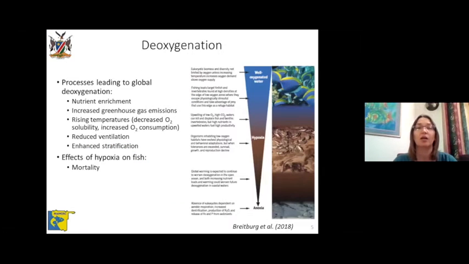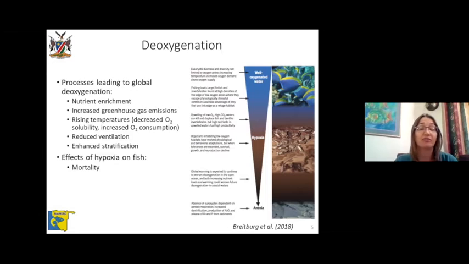So looking at deoxygenation, what processes are leading to deoxygenation of the ocean globally? First of all, there's of course nutrient enrichment, what we say eutrophication. A lot of this is anthropogenic, whereas in the Namibian upwelling system, the Benguela upwelling system, our nutrient-rich environment is all actually natural. It's not really through anthropogenic influences.